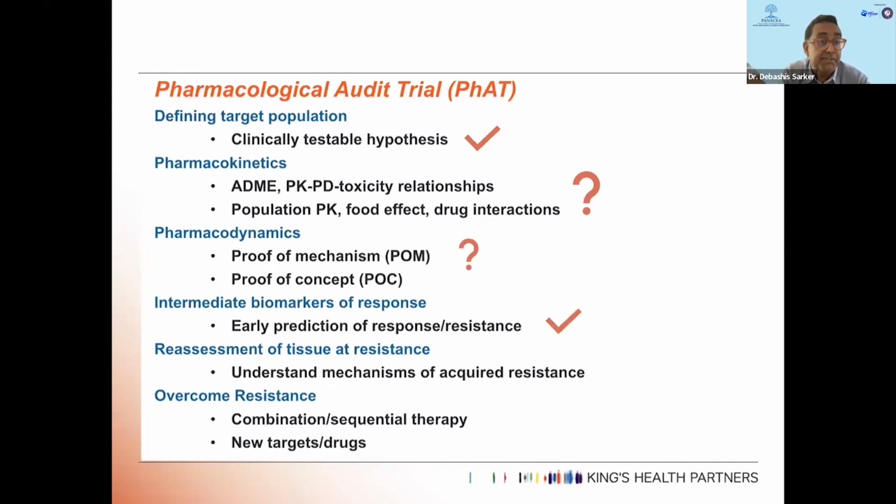It does demonstrate response, and you can see markers of clear response. The protocol describes understanding mechanisms of resistance to this class of drugs, but it's not presented here. And so subsequent thoughts on how you might overcome that drug resistance are not really discussed or defined.